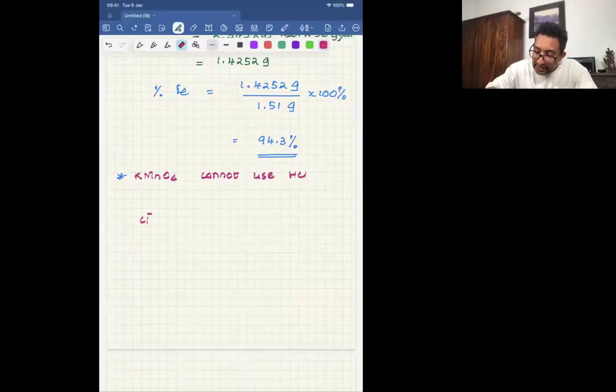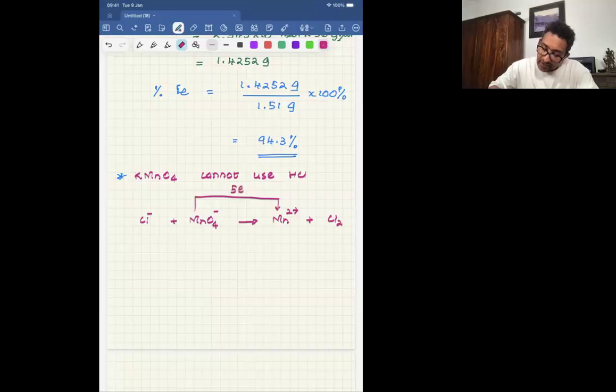Chloride can react with potassium permanganate, MnO4 minus. So MnO4 minus turns into Mn+2, and chloride turns into chlorine gas. This is one way to produce chlorine in the laboratory. Plus 7 to plus 2, 5 electrons.